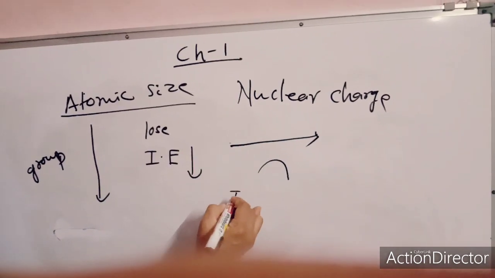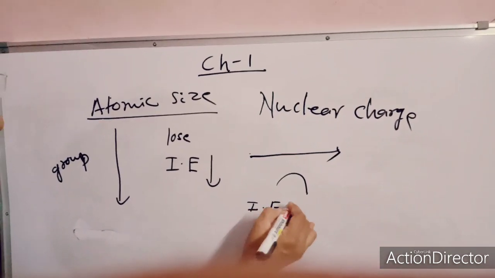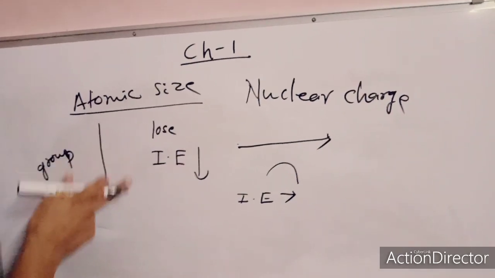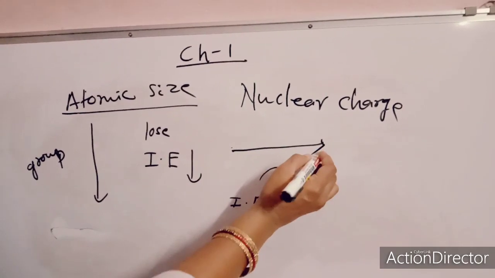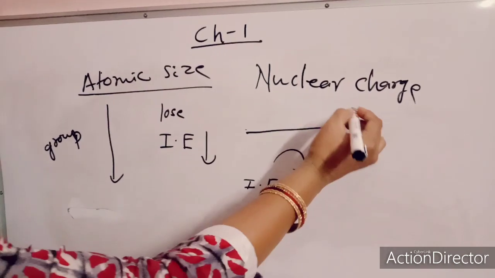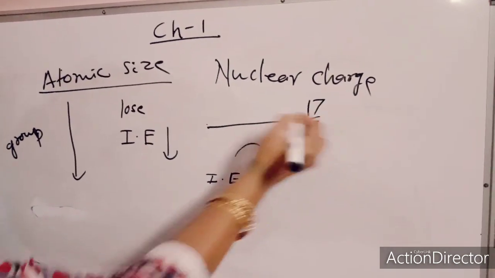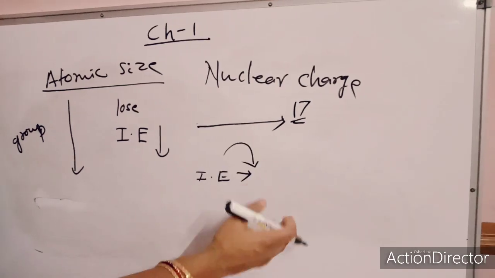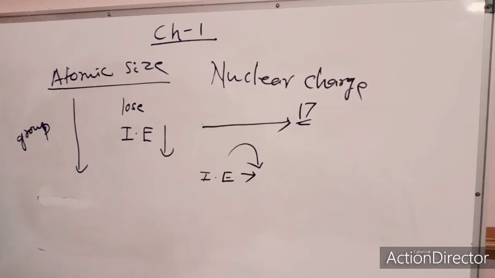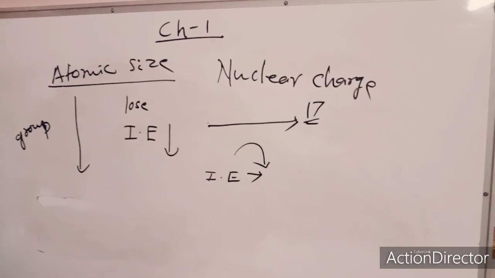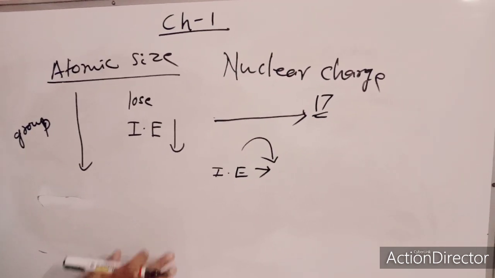So ionization potential is increasing in this way. Here it is decreasing down a group, and here ionization potential is increasing along a period. So you can see in the 17th group, the halogen group, it is almost impossible to remove one electron, so they show completely non-metallic character. I think you are understanding.